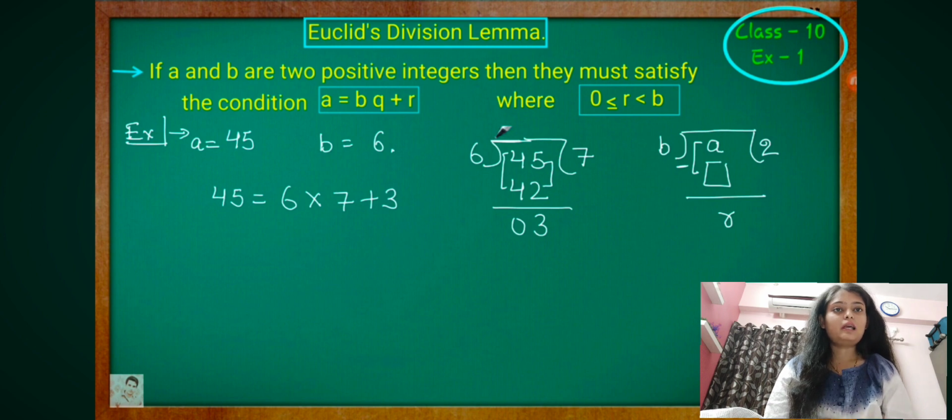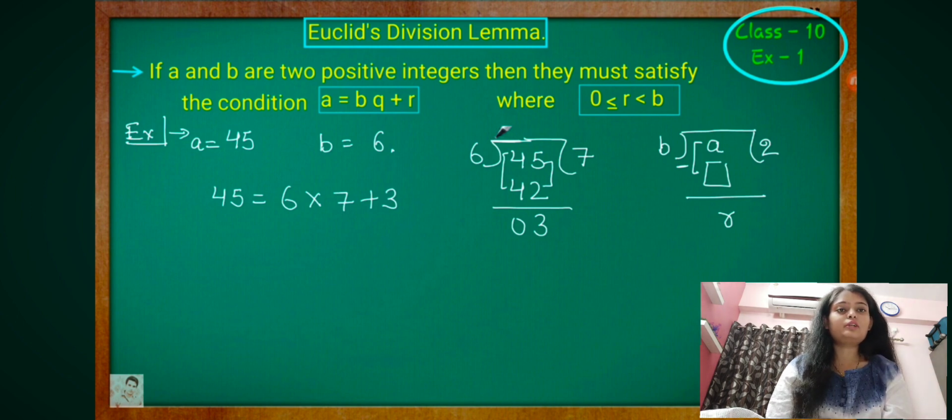So 45 is the dividend here, 6 is the divisor, 7, that is q, is the quotient here, and r, that is 3, is the remainder here. So we can write 45 as 45 is equal to 6 into 7 plus 3, which is a is equal to bq plus r. So this condition is verified here, a is equal to bq plus r.